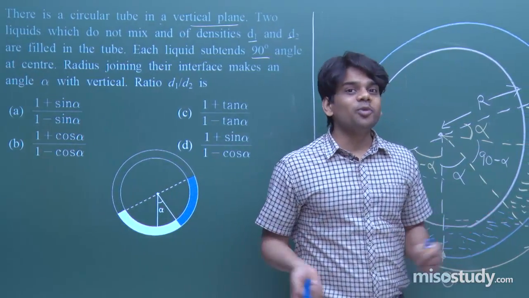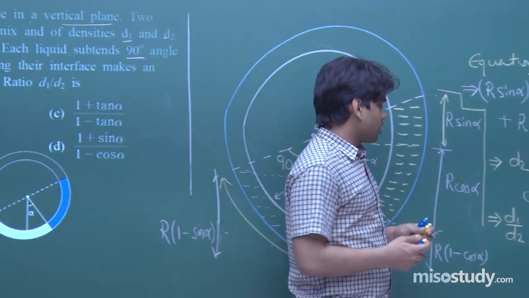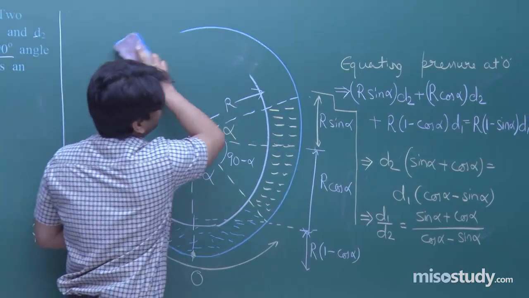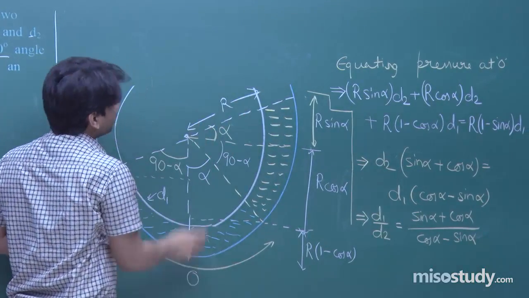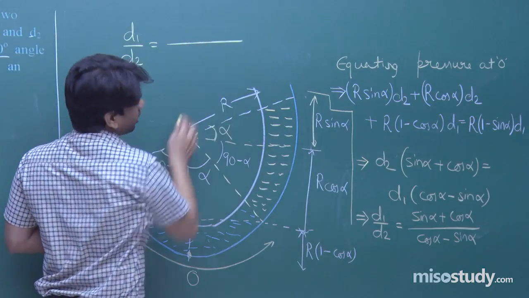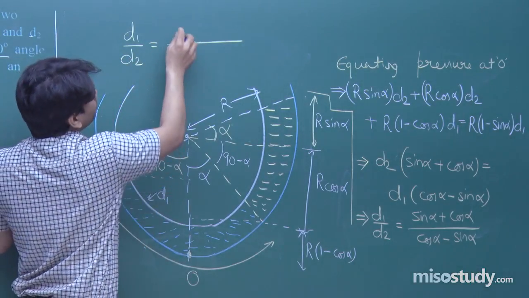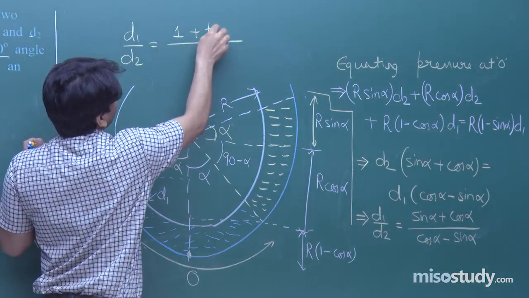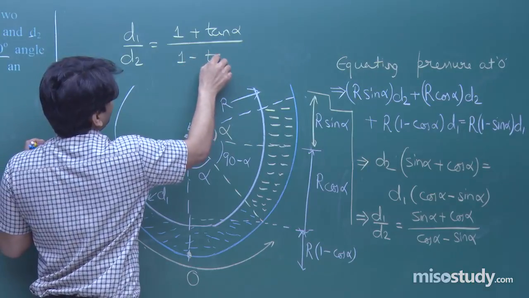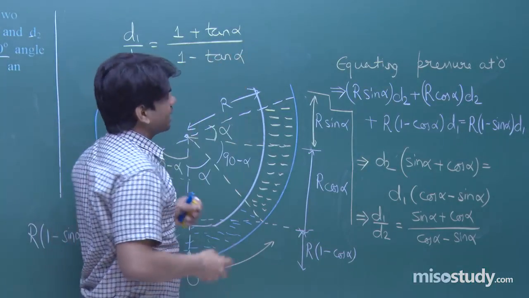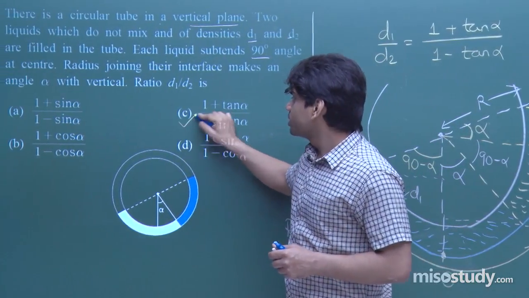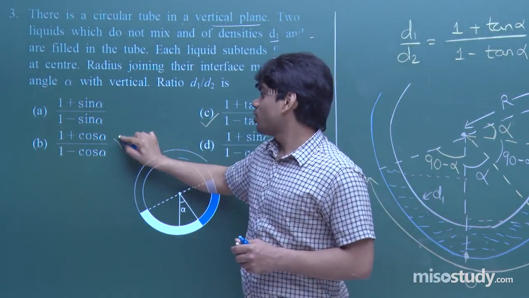So if we divide numerator and denominator by cos α, we get D1/D2 = (1 + tan α)/(1 − tan α). Let's check with the options: (1 + tan α)/(1 − tan α) is option C. The rest will be incorrect.